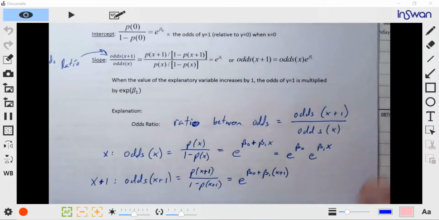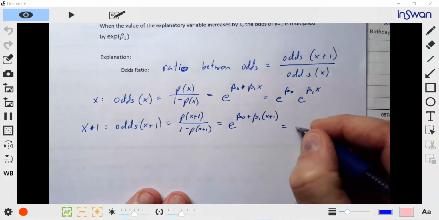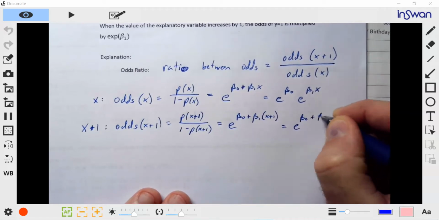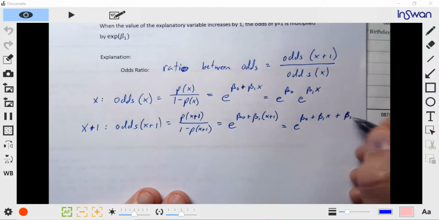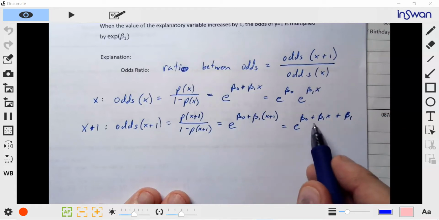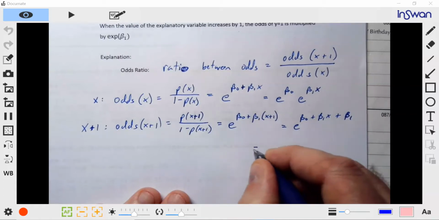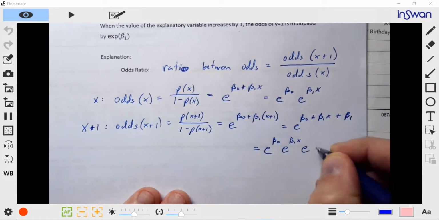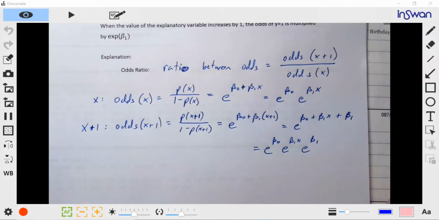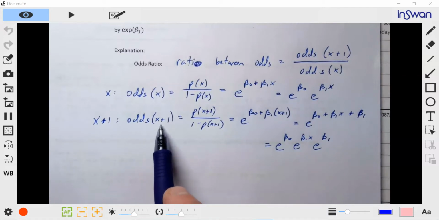So I can write that out, first doing a little algebra on the exponent, as e to the beta 0 plus beta 1 times x plus beta 1. I just multiplied this out. Again, we have a sum in the exponent, so we can break that apart. We can factor that as e to the beta 0 times e to the beta 1x times e to the beta 1. So this is my formula for the odds when I plug x plus 1 into the linear model.